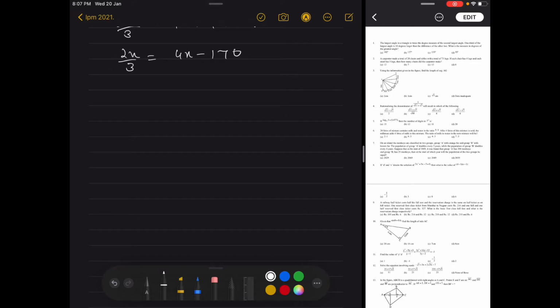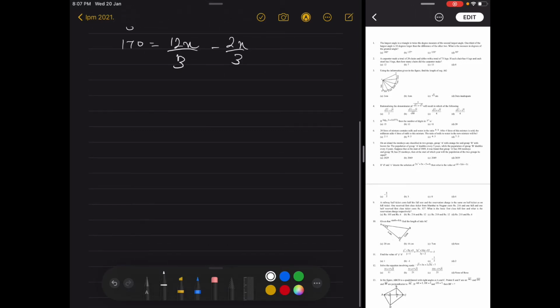Therefore, taking this over here and this over here, we will get 170 is equal to 12x by 3 minus 2x by 3.